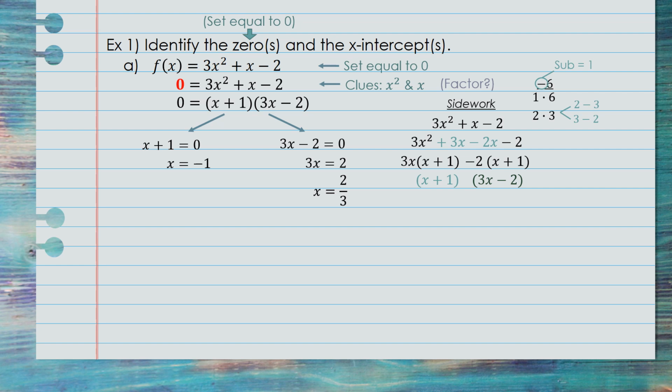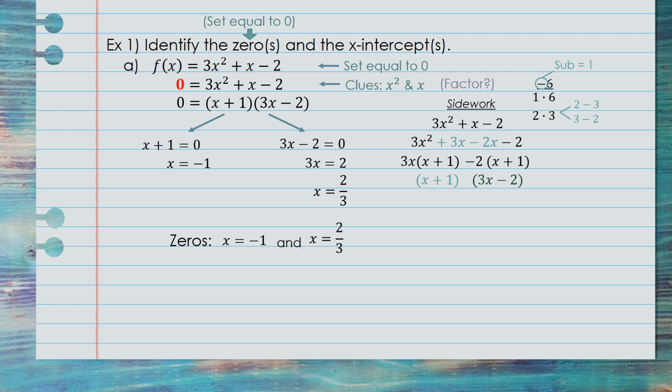Now it appears we found the solutions, but we're not asked to find the solutions. Instead, we're asked to find the zeros. Since we're talking about functions, we now refer to them as zeros. So our zeros in this case would be x equals -1 and x equals 2/3.